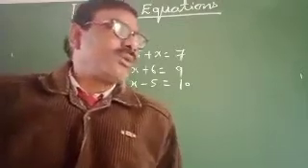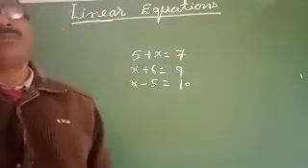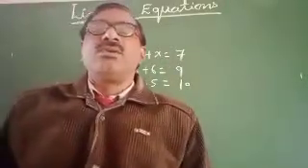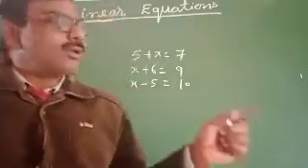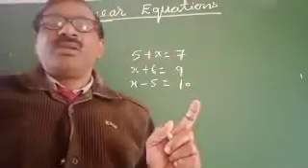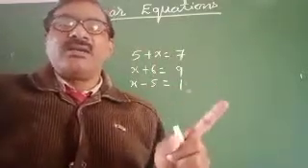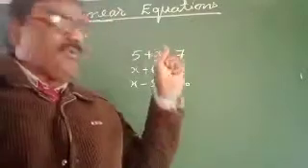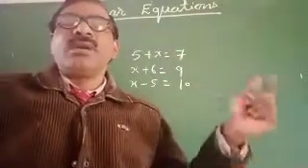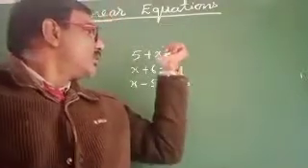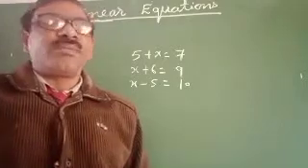Now the other part is linear. Why is it called linear? If the power of the variable in any equation, or we can say the exponent of x in any equation, is 1, then the equation is called a linear equation.